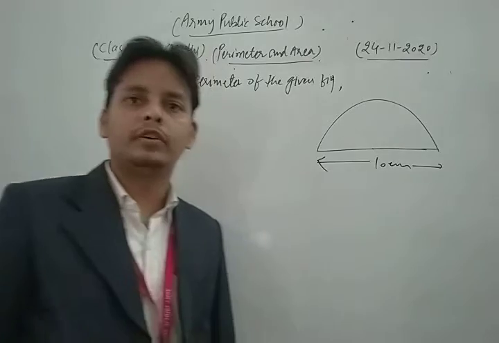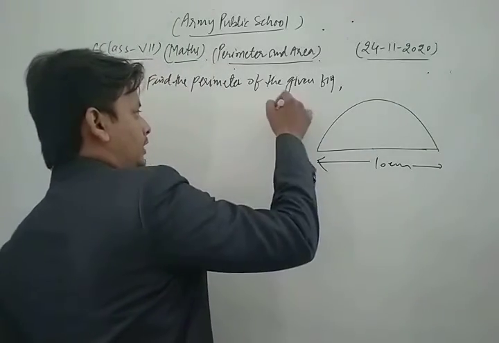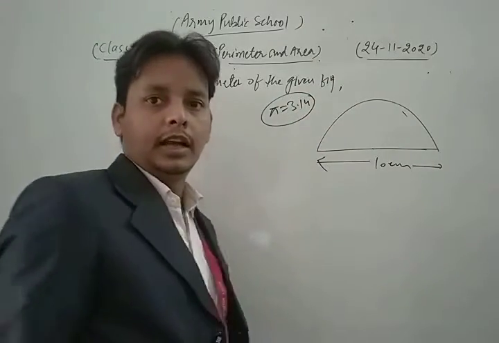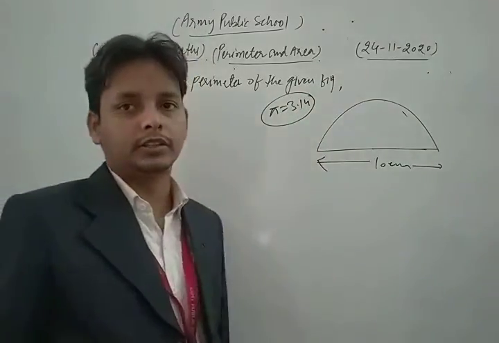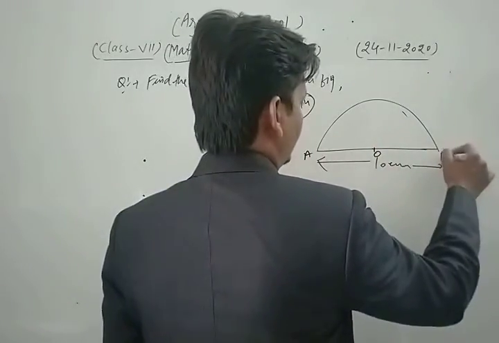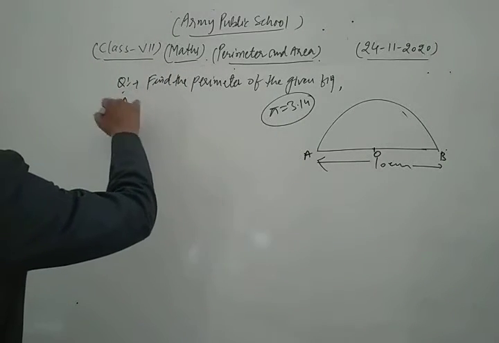Okay, this is the form of a circle. Let's see here. In that figure, you take the value of pi as 3.14. This is the form of a semicircle, and we just find the perimeter of the required region. Suppose that we take as O, A, B. First of all, we find the radius of the semicircle.